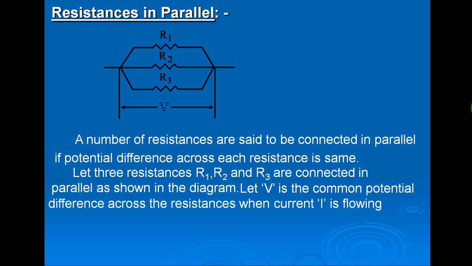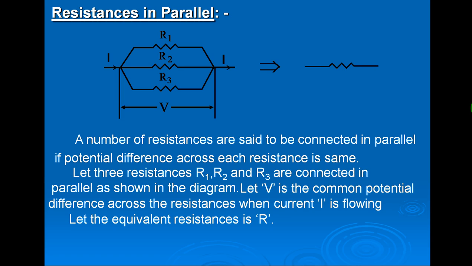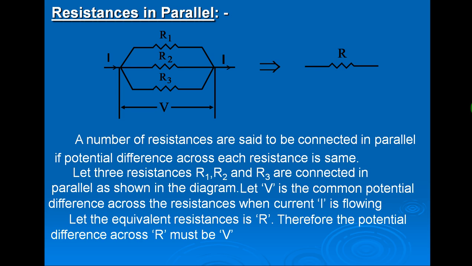The potential difference is capital V and the current flowing is I. Let the equivalent resistance be capital R. Therefore, the equivalent circuit becomes a resistance capital R. Therefore, the potential difference across R must be V when current I is flowing through it.